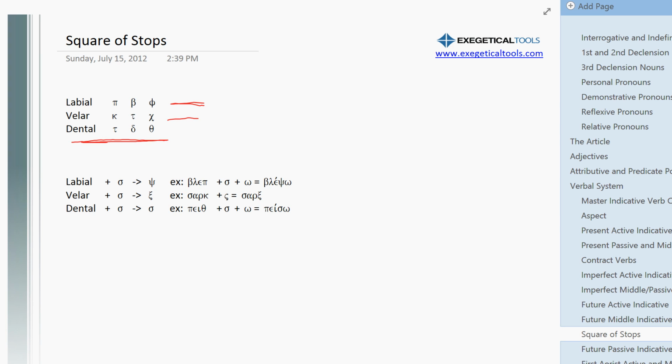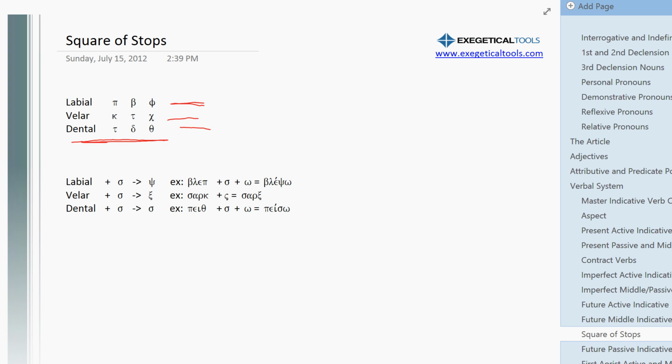That's where your tongue's kind of coming together at the roof of your mouth. And then the dentals, tau, delta, and theta, even more so. Sorry, with the velars, it's not your tongue going to the roof of your mouth. That's with the dentals. But the velar is more kind of in your throat almost, kappa, gamma, and chi.